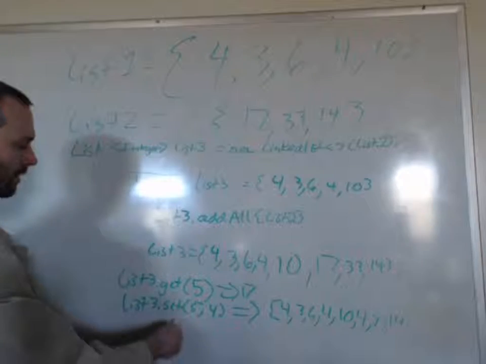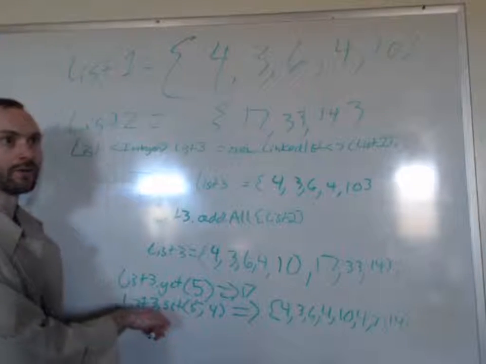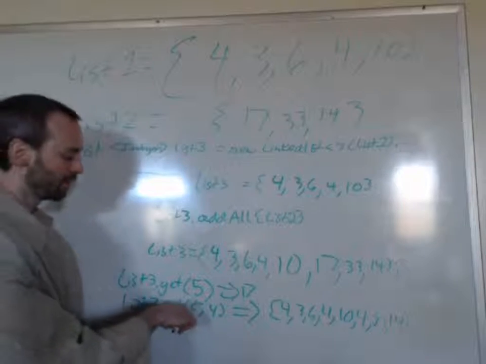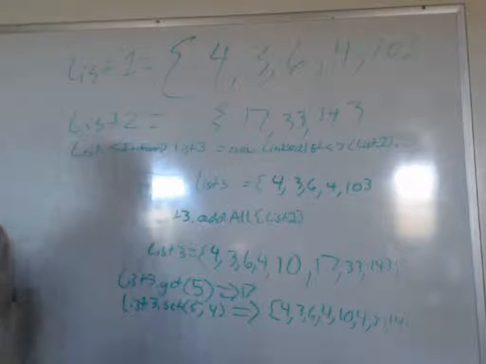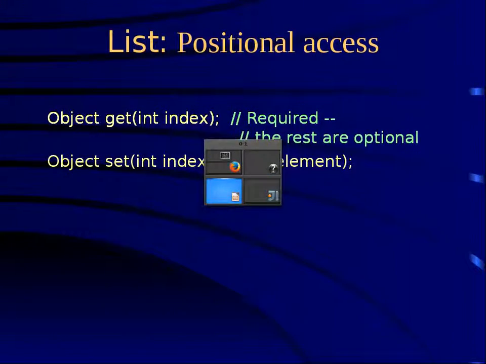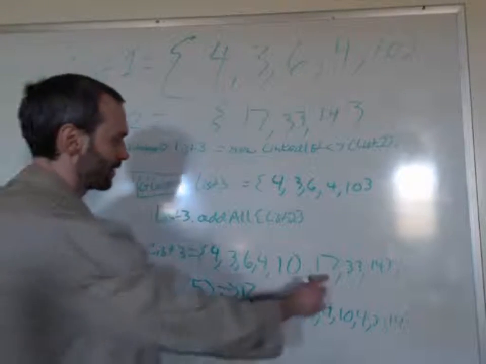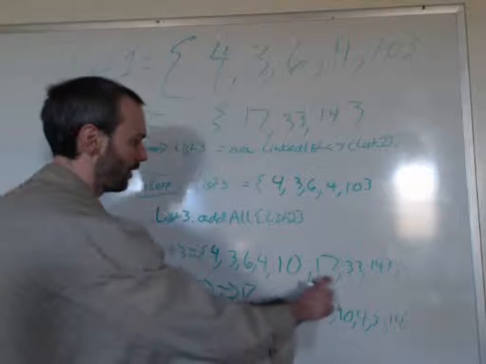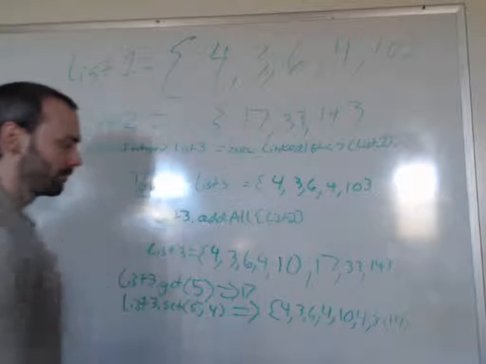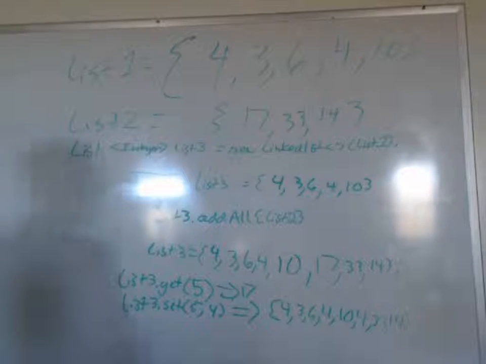Because it's like the subscript on an array. So you set at a position, index and value. So index 5, which is that 17, with the value 4, so that 17 became a 4. Okay?